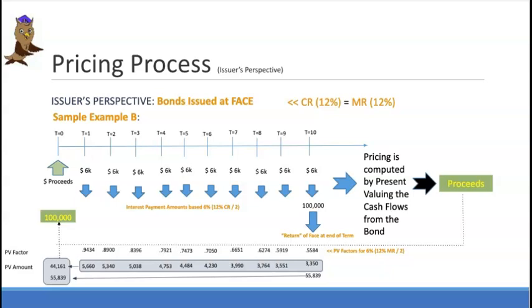The PV of the face, also at 6% from t equals 10 back to t equals 0, results in $55,839. Summing up the PV from the interest payments and the PV from the face gives us a total PV of $100,000. Again, we already knew that there would be no need to compute this price actually, because the CR equals the MR.